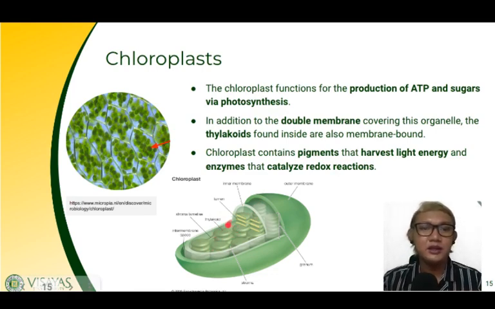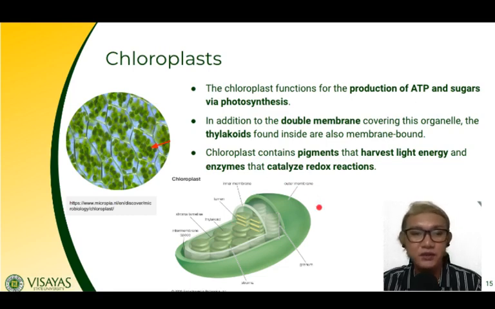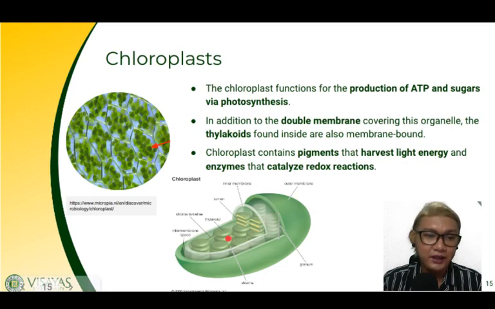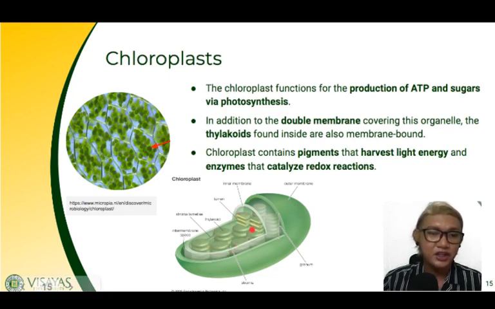Okay? So the chloroplasts contain pigments that harvest light energy and enzymes that catalyze redox reactions or reduction-oxidation reactions. So you have here thylakoids, and you have here the different stacks of a thylakoid called granum, plural grana. The matrix inside the chloroplast is called the stroma.